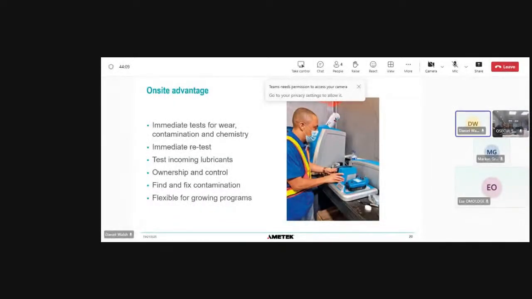If you're able to track hours and miles on the machines, doing consistent retesting, watching your alarm limits and setting them up properly, then you have the ability to use the information and make very intelligent decisions, which can actually save significant amounts of money.